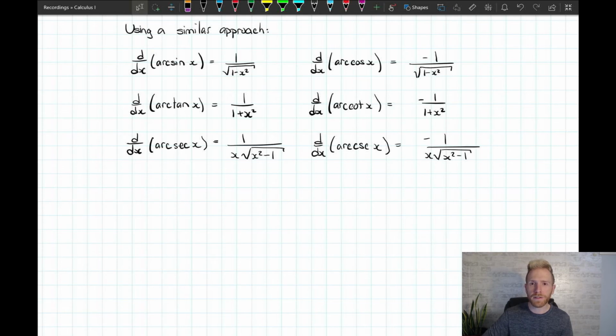But the derivative of arc tangent is a very nice looking function actually, and it's going to be quite useful in integral calculus. It definitely comes up fairly frequently, this 1 over 1 plus x squared. Now remember, you'll need to know a couple other identities if you're going to try to prove all of these derivatives.